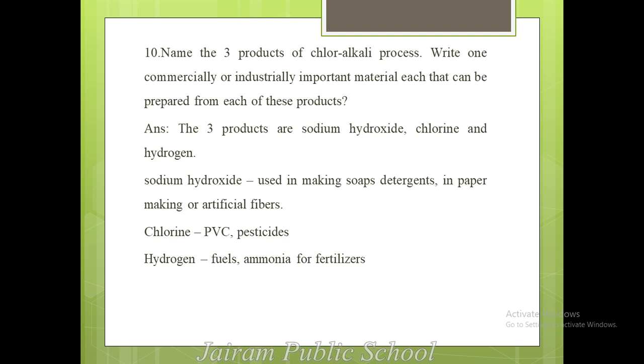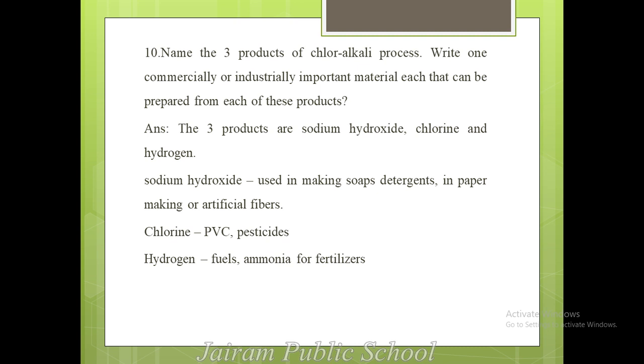So you have to write the applications of sodium hydroxide, chlorine as well as hydrogen gas. Sodium hydroxide, as you know, is a basic substance which is used in making soaps, detergents, in paper making or artificial fibers. So this is the use of sodium hydroxide.